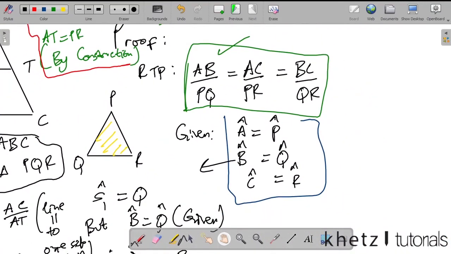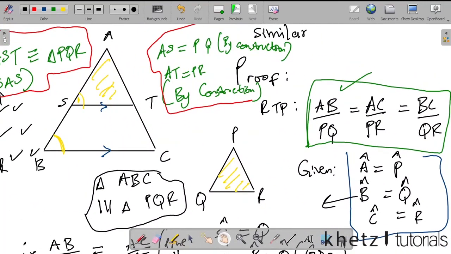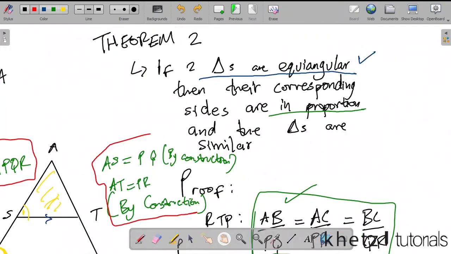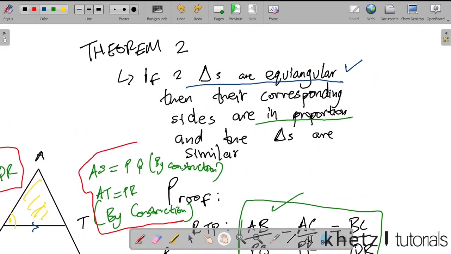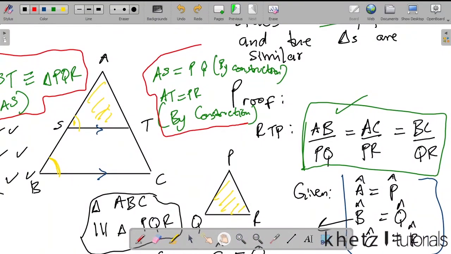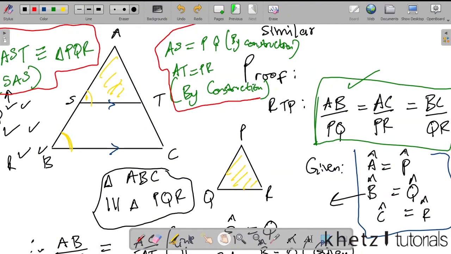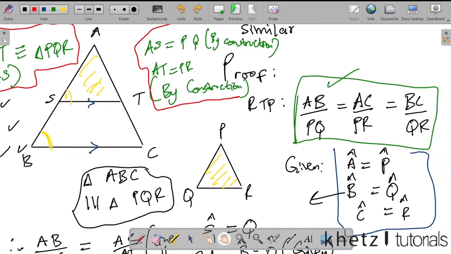So given that the angles of this triangle and this ABC triangle are equal, you're required to prove that, because the theorem says if two triangles are equiangular, then the corresponding sides are in proportion and the triangles are similar, right? And for similarity, they have to have the same angles and the sides have to be in proportion. So we want to prove the proportionality part of it.